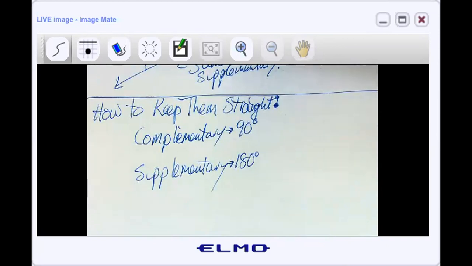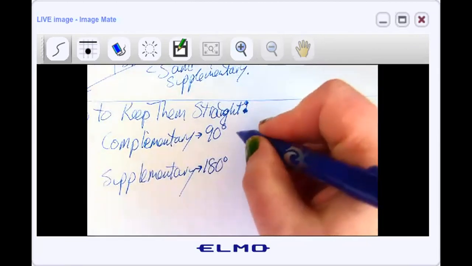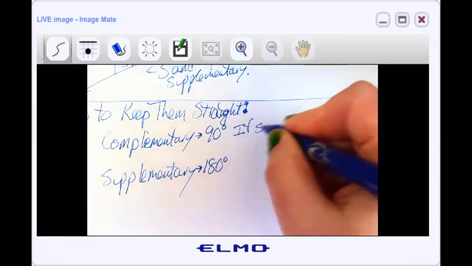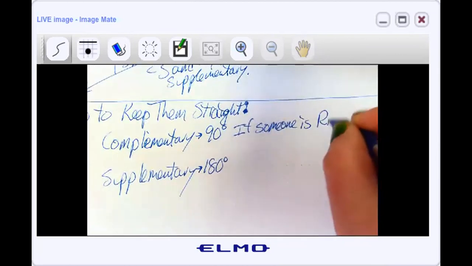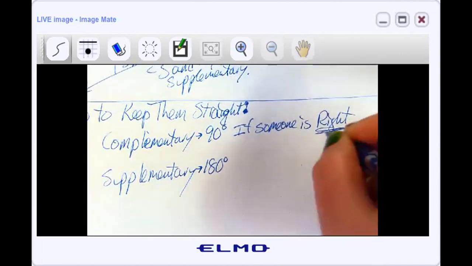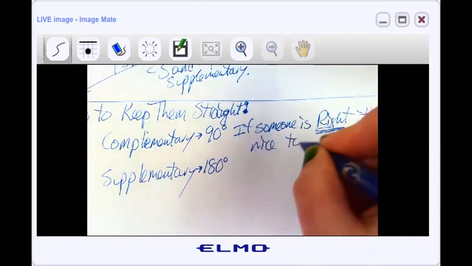Whatever works for you. So another thing that many kids like is they have some sort of a little phrase. Because yes, compliment, that's such a nice thing. So here's just one example of a little phrase that you could come up with. You could say something like, if someone is right, it's nice to compliment them.